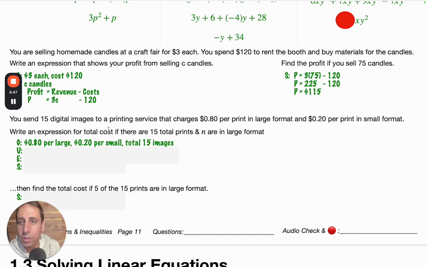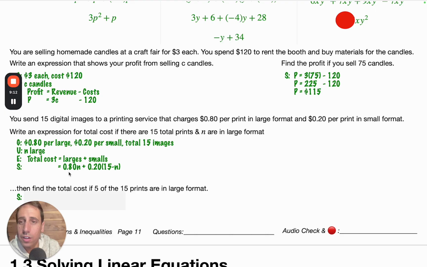That's 80 cents per large, 20 cents per small, and a total of 15 images. Some of them are going to be large and some of them will be small. What we don't know is the number of large. It says it right here, n in large format. So an equation is going to be the total cost and the cost of the larges plus the cost of the smalls.